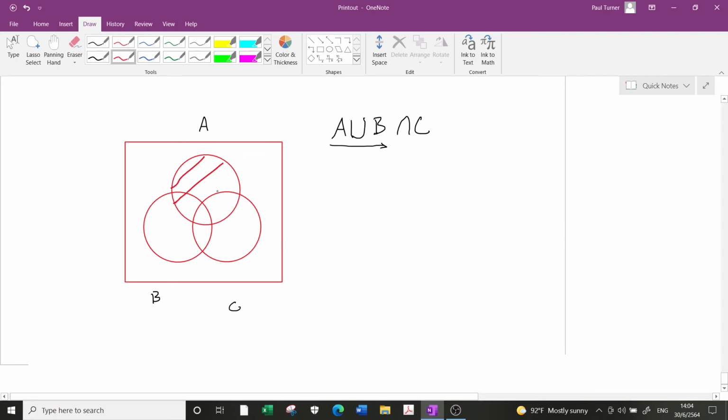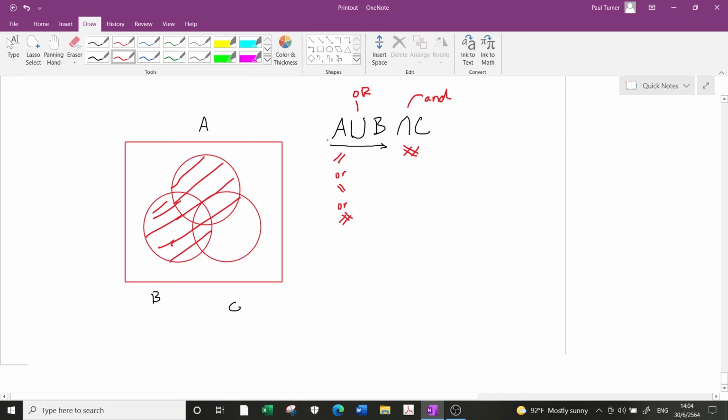So color in everything that is A or B, or both. So this is or, but intersection is and. So when we're doing intersections, we're looking for where our lines cross over. Or can either be this way, or this way, or both. Okay, but intersection is only where they overlap.